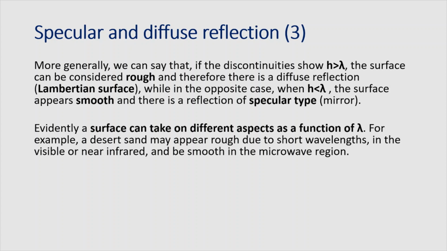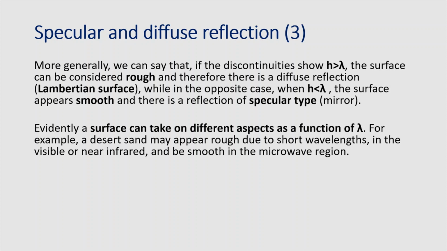For example, a desert sand may appear rough due to the short wavelengths in the visible or in the near infrared and be smooth in the microwave region. So you see, the fact that the surface is rough or smooth depends on lambda. Another thing that varies with lambda, the wavelength, is again a variable of the problem.